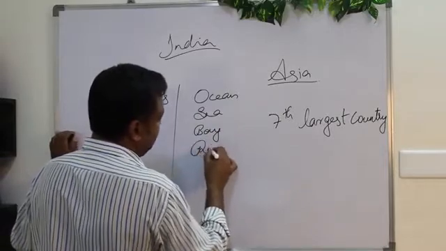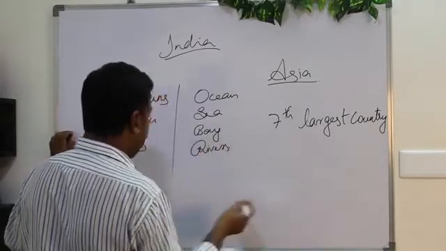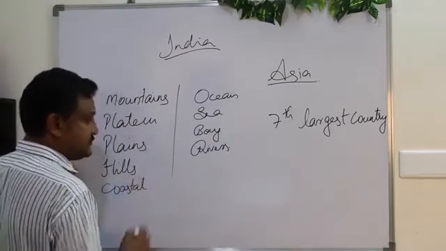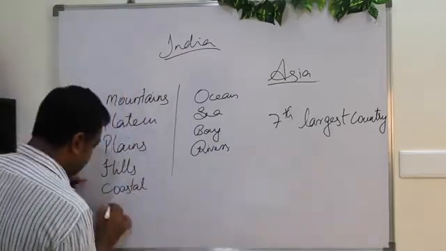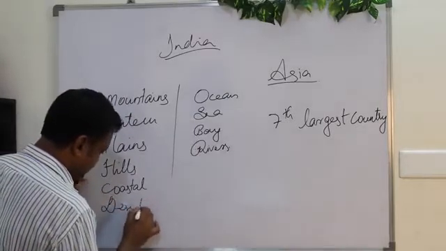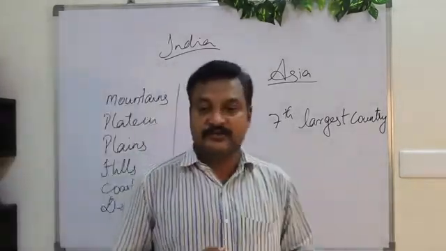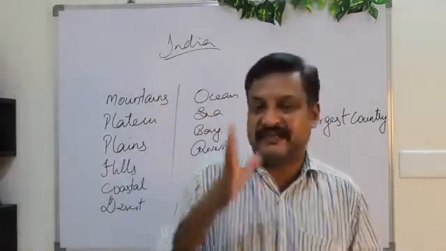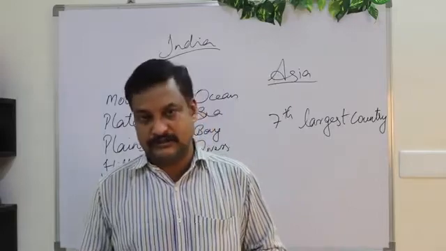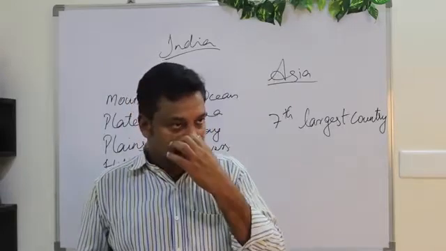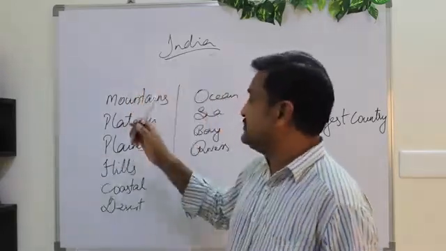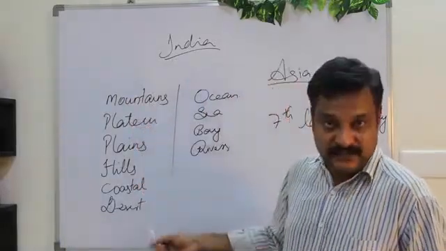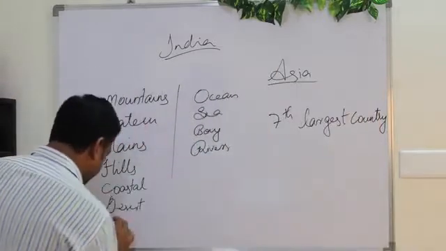We have a lot of rivers. Again here we have a coastal area, coastal plains. We have a desert. So India has almost all the major physical features that we can find in the world. They include mountains, plateaus, plains, hills, coastal areas, deserts, forests are also there.